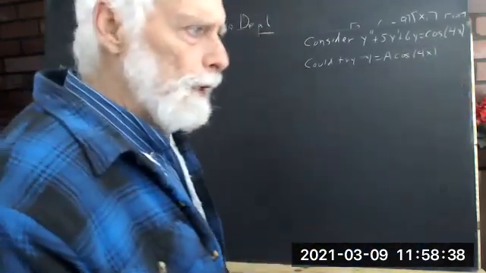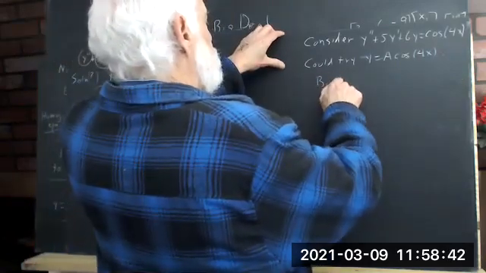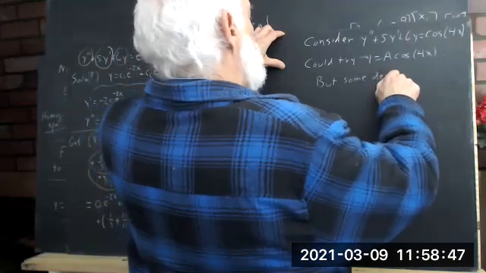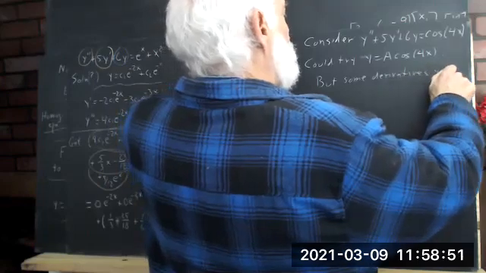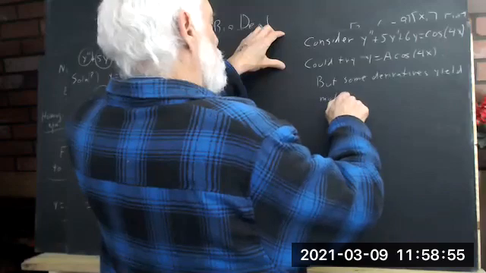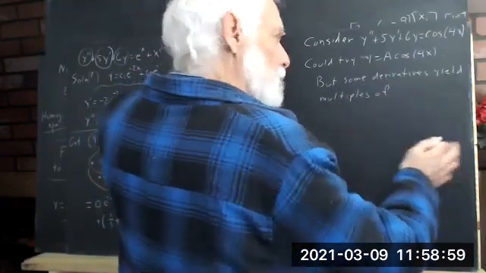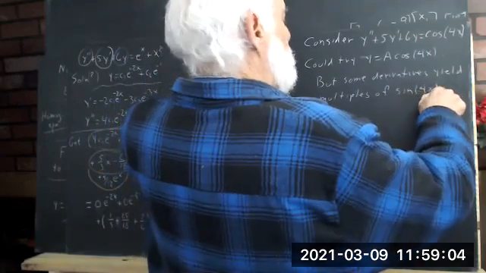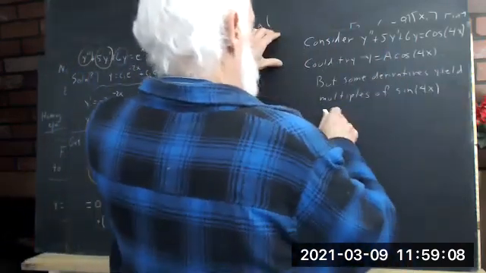a cosine of 4x, but some derivatives yield multiples of sine of 4x, which doesn't appear on the right-hand side.